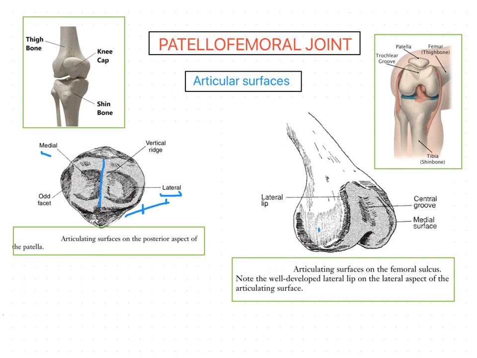The ridge may be situated approximately in the center of the patella, dividing the articular surface into approximately equal sized medial and lateral patellar facets. Occasionally, the ridge may be situated slightly towards the medial border of the patella, making the medial facet smaller than the lateral one.